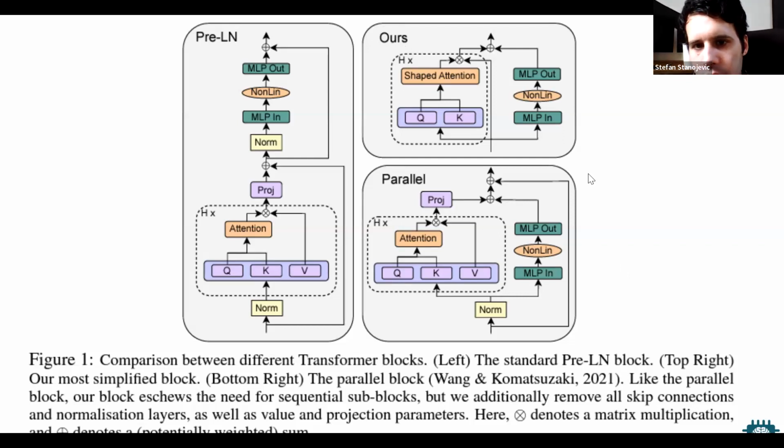The main novelty in the parallel block is that we can perform those multi-layer perceptron transformations, basically fully connected neural network transformations, in parallel with attention rather than after the attention.